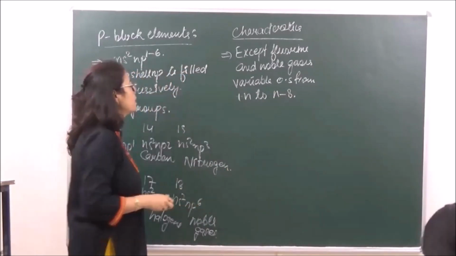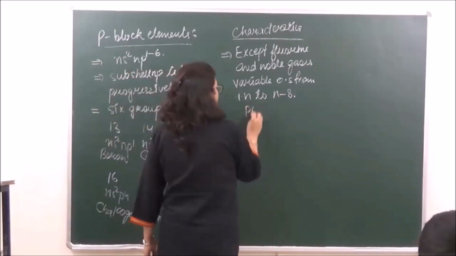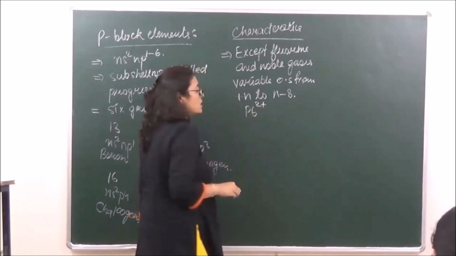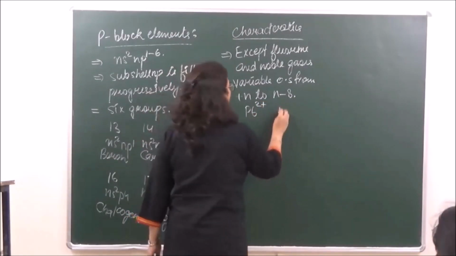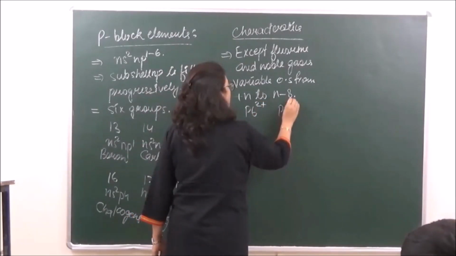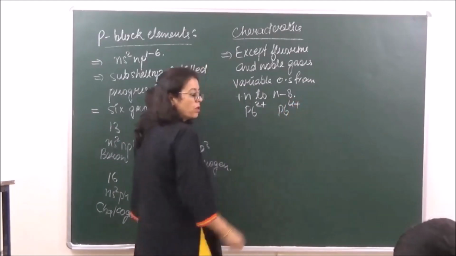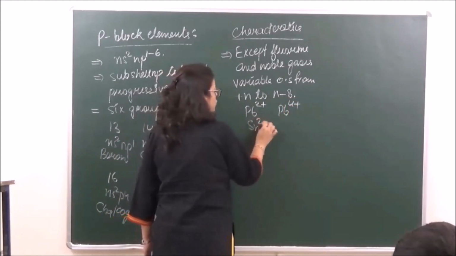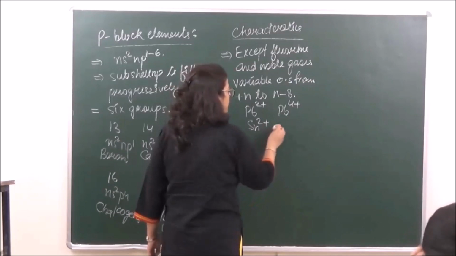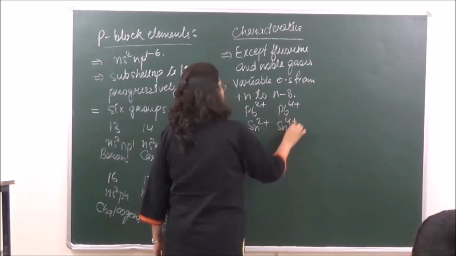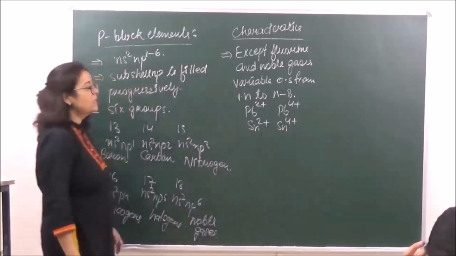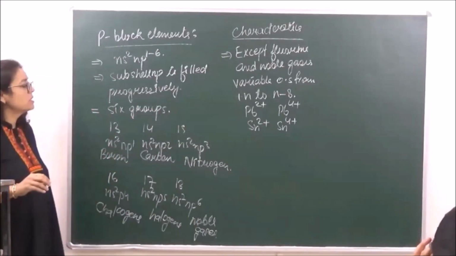For example, lead shows oxidation states of plus 2 and plus 4. Similarly, tin shows variable oxidation states of Sn2+ and Sn4+. Right? So they show variable oxidation states.